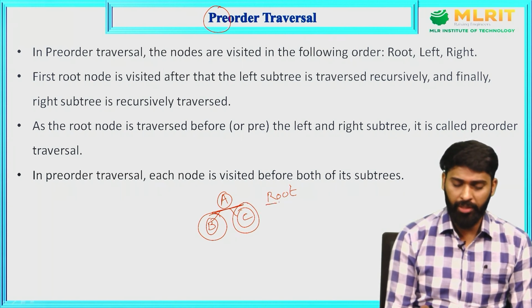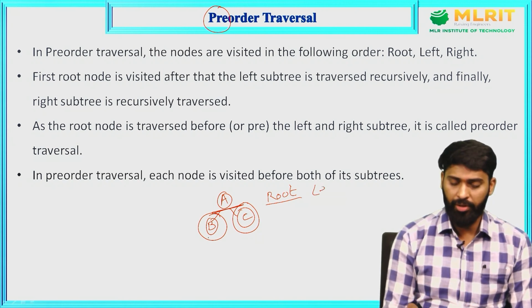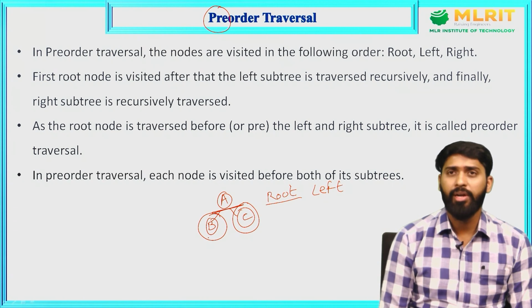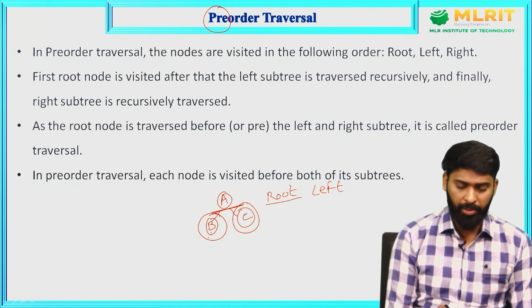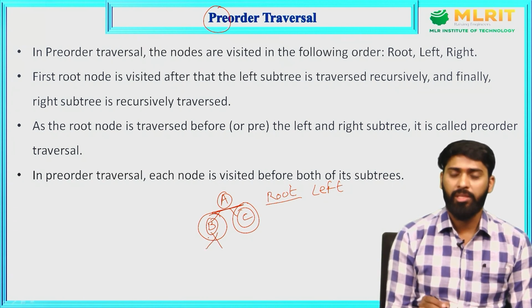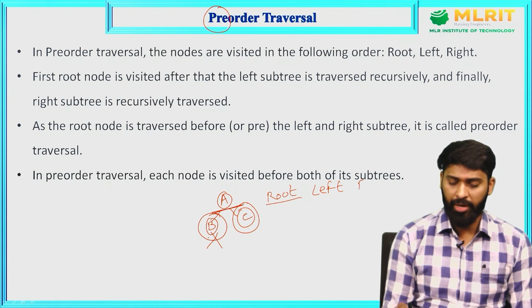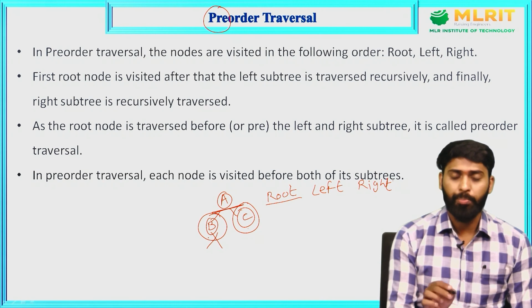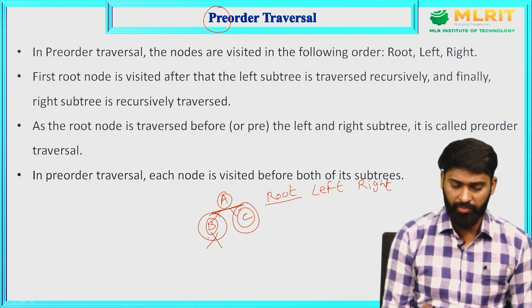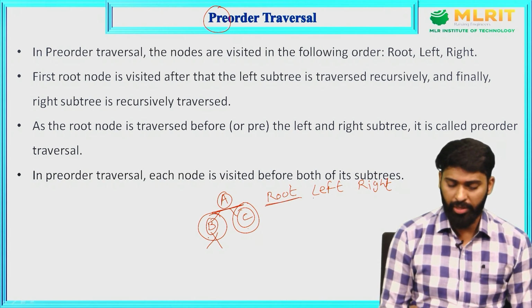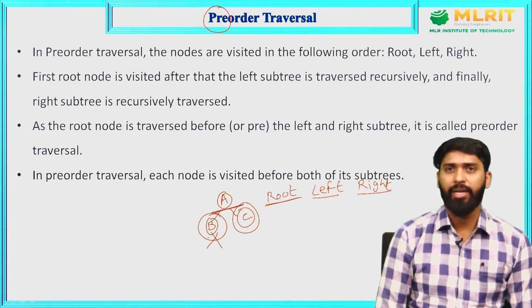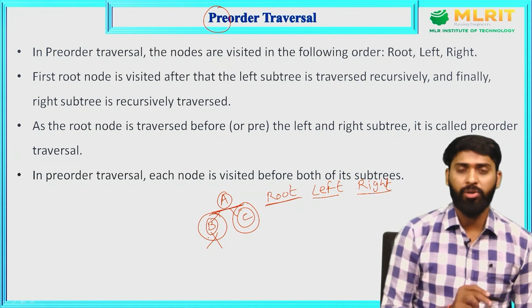After displaying the root, traverse to the left side. After completion of the left side, move to the right side to access the elements. So, pre-order traversal means first we visit the root, after that the left, and finally the right.